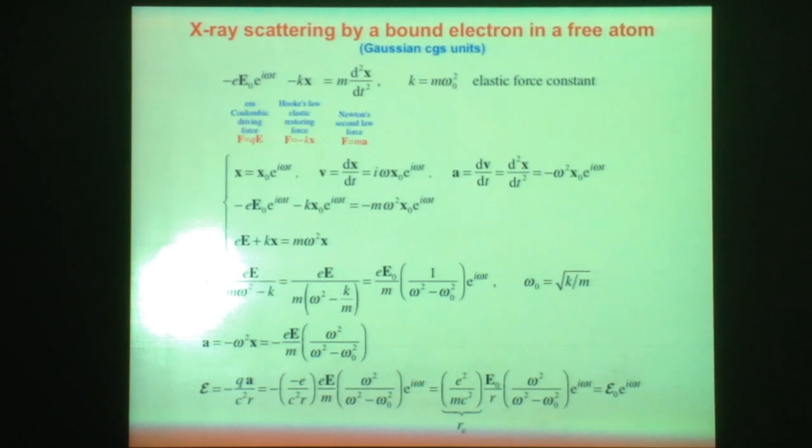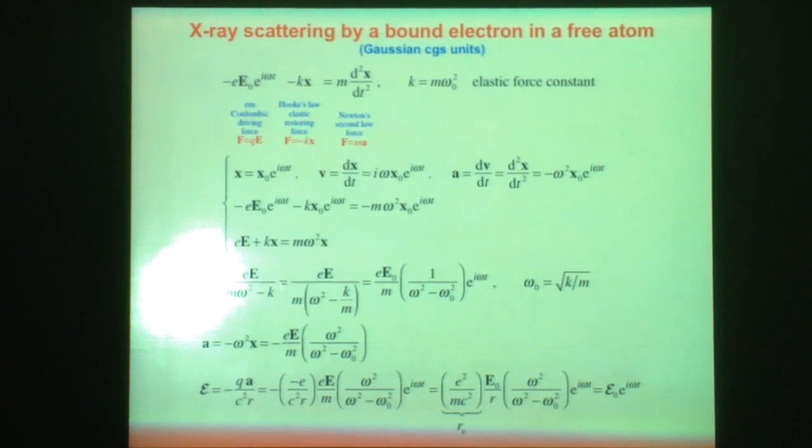So that the displacement then gets expressed in terms of the electric field of the incoming radiation, the frequency of that radiation, this force constant, this elastic restoring force constant, and the mass of the electron.